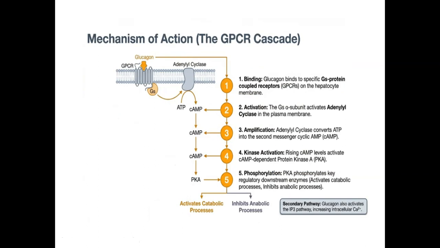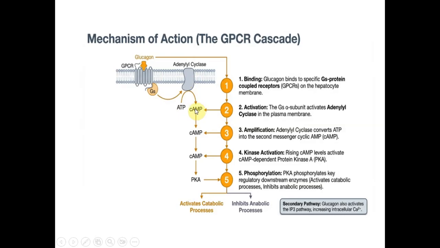Now the mechanism of action, that is the glucagon G protein coupled receptor cascade. Glucagon operates via the classical G protein coupled receptor cascade. When glucagon binds with the G protein receptor on the hepatocytes, it activates adenylate cyclase, which converts ATP into the secondary messenger, cyclic AMP.